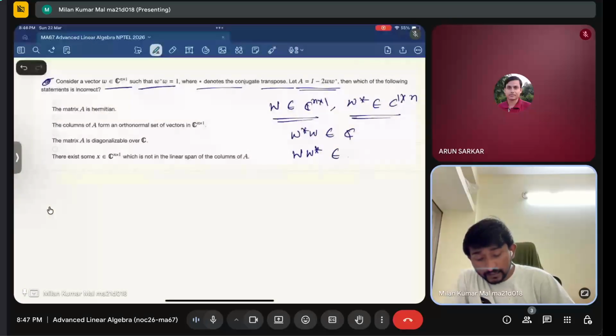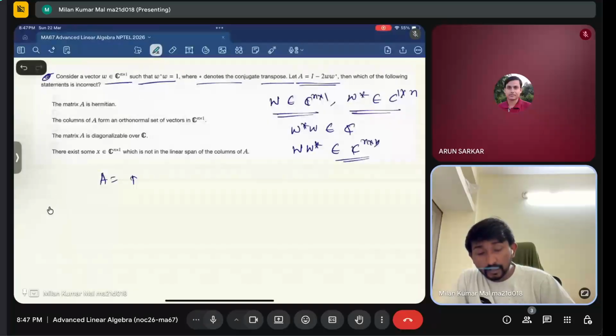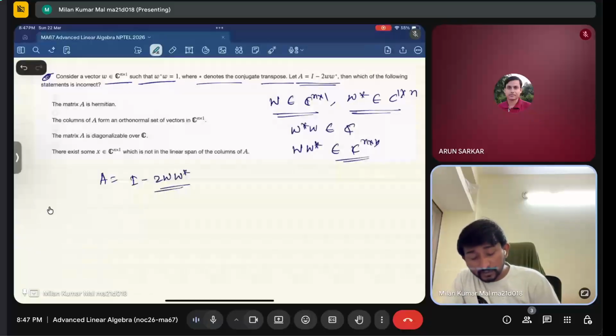So here A has been taken as I minus 2 W W star. Then which of the following statements is or are incorrect? First question is whether A is Hermitian. So what is meant by Hermitian?